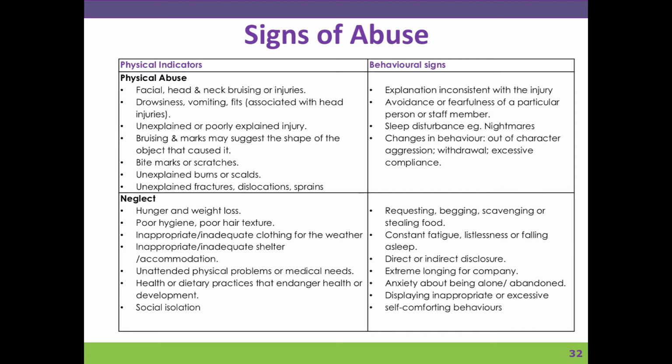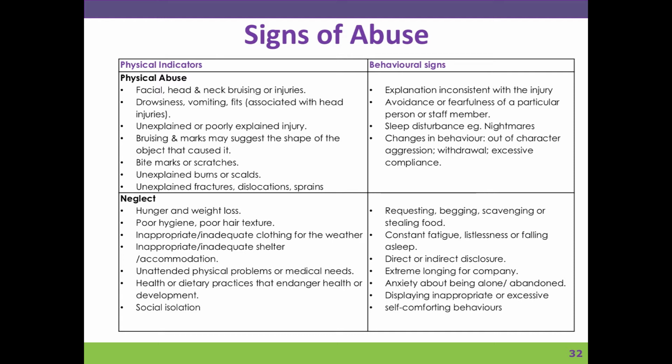Bite marks or scratches, unexplained burns or scalds, unexplained fractures or dislocations. Some of the behavioural signs of physical abuse can be explanation inconsistent with an injury, avoidance or fearfulness of a particular person or staff member, sleep disturbances, and changes in behaviour, for example, withdrawal.